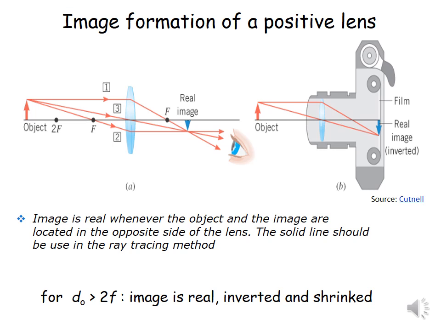As you can see here, the image formed from the positive lens is real, and the orientation is inverted.